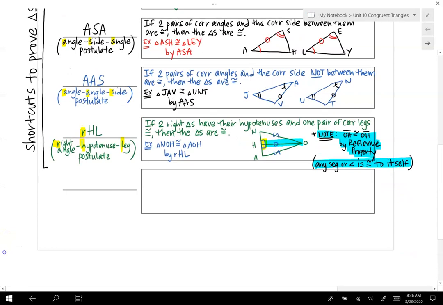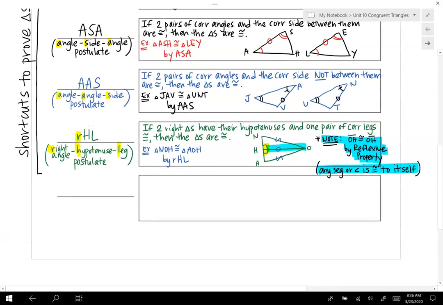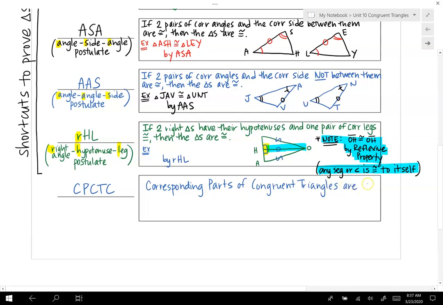Okay. All right, so the first new thing here was CPCTC. And if we want to write this down, corresponding parts of congruent triangles are congruent.